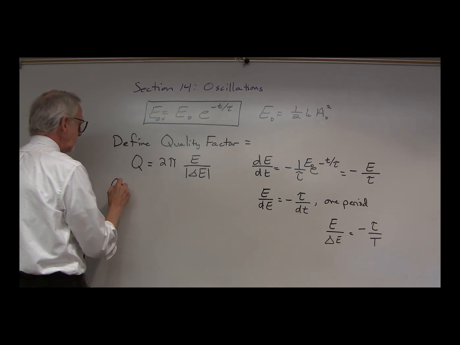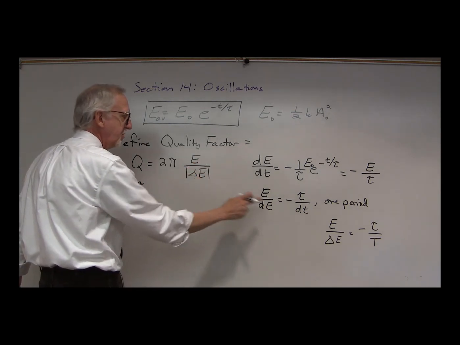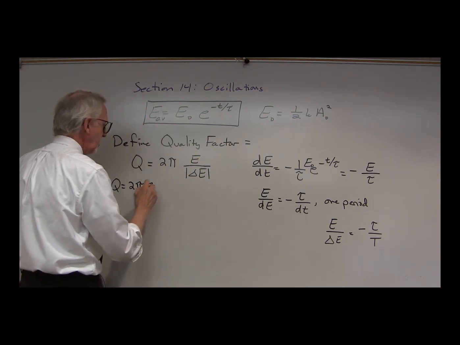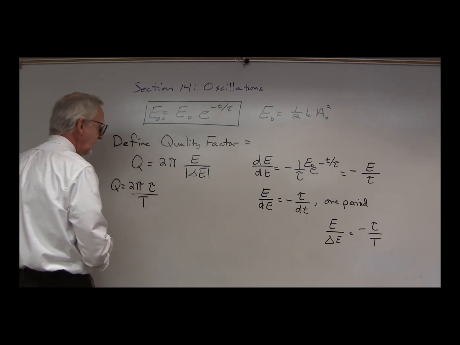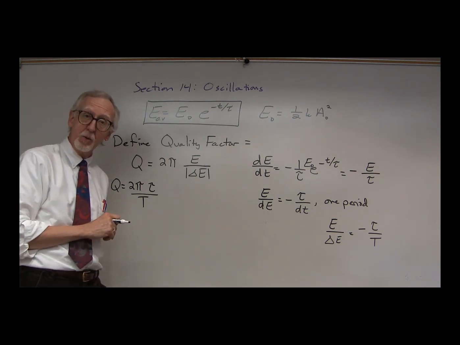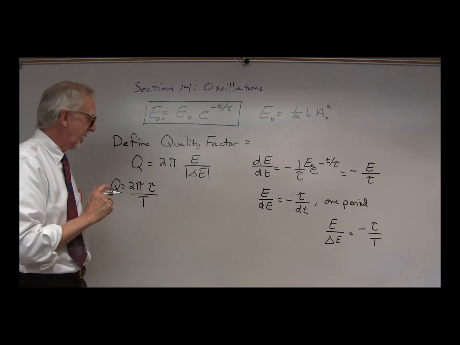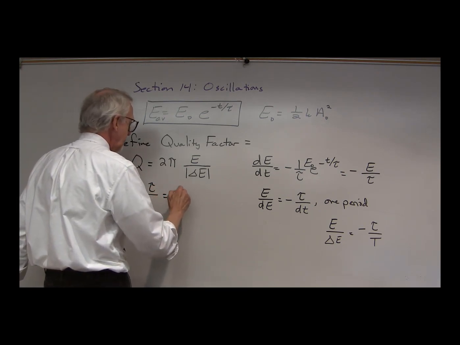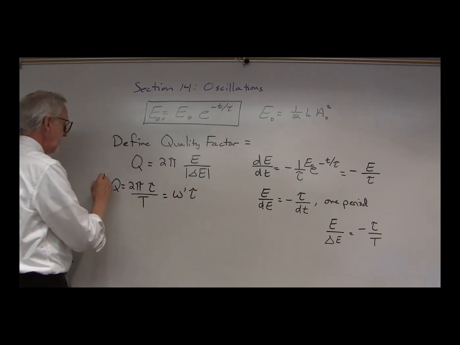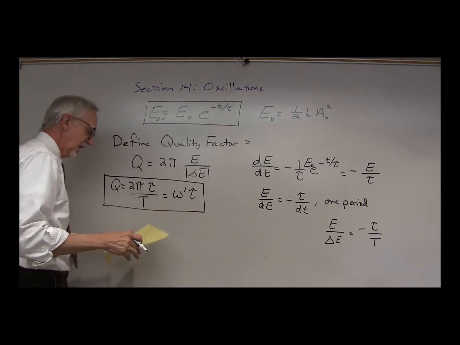We get Q is equal to 2 pi times the magnitude of this, which will give us tau over T. 2 pi over T, remember that is just the angular frequency. The angular frequency for the damped system is omega prime. So this is just omega prime tau. And that is the quality factor for the oscillator.